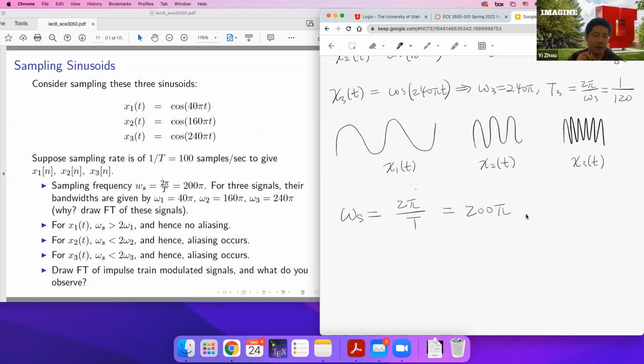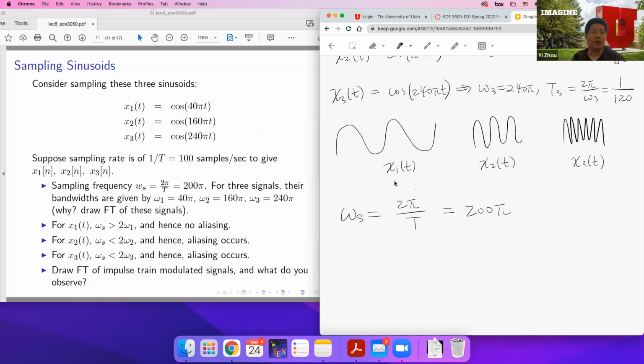So this is the angular sampling frequency that we are looking at. And now let us try to plot the spectrum of the sampled signal for all three signals, x1, x2, and x3.